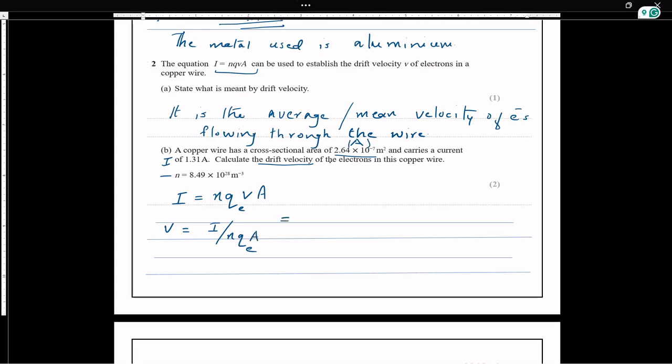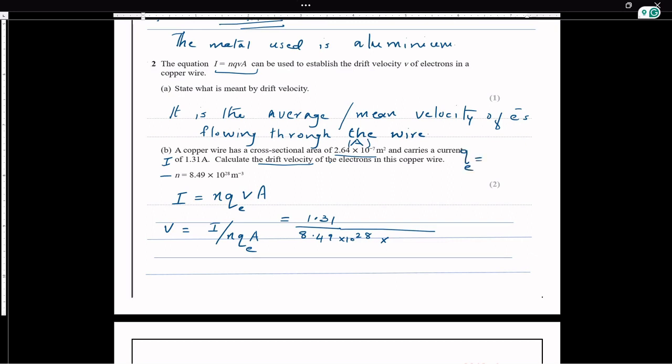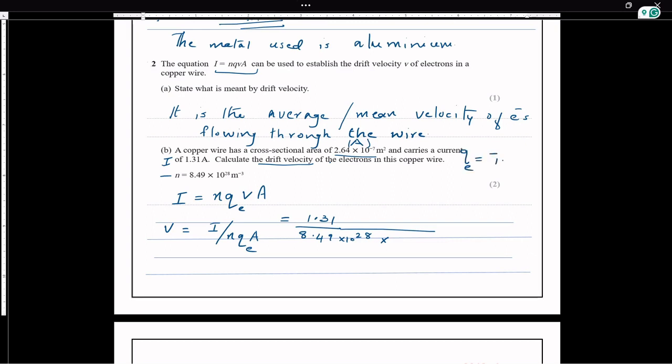All the values are provided here. The current is given in amperes, 1.31, over the number density, which is 8.49 times 10 to the power of 28, but it's a long big number. Now Q, the charge of the electron, is negative 1.6 times 10 to the power of minus 19 coulombs.